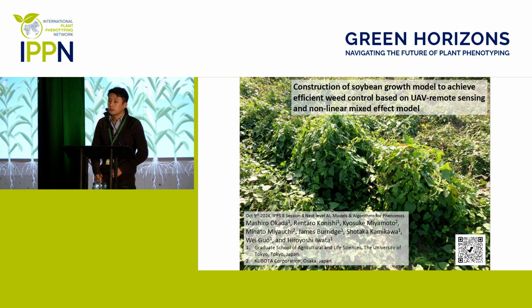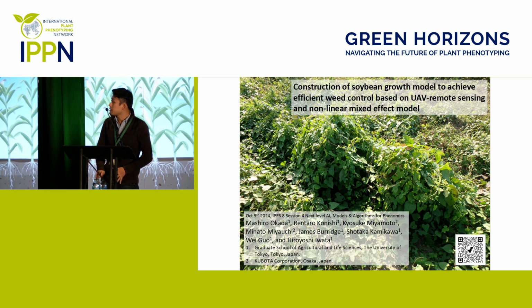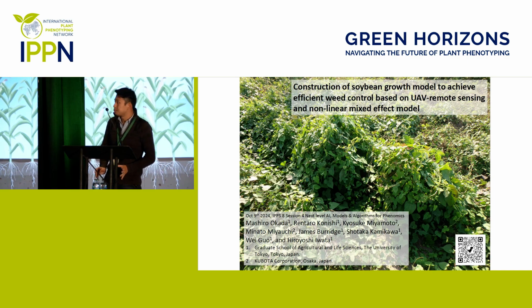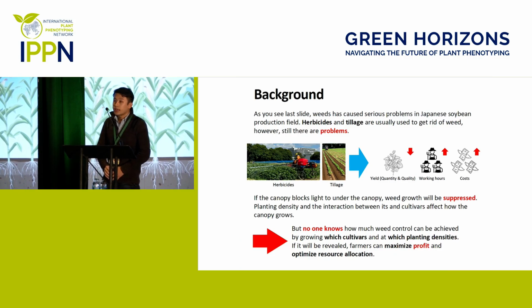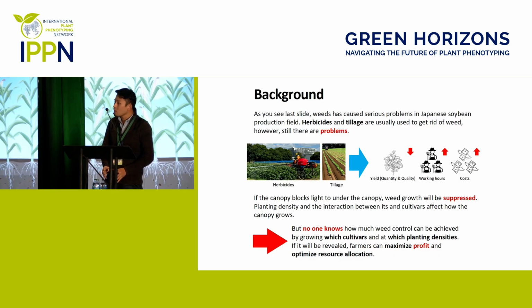This picture was taken in a soybean field. When I first saw this picture, I couldn't believe this is an actual soybean production field, because this is literally a bush, just a bush. So obviously, weeds are the biggest obstacle in the production field.